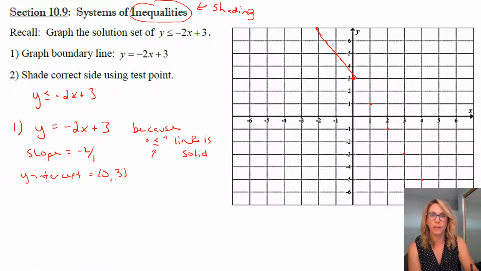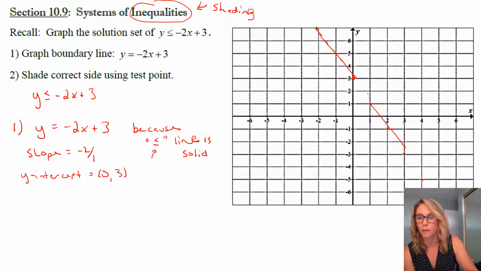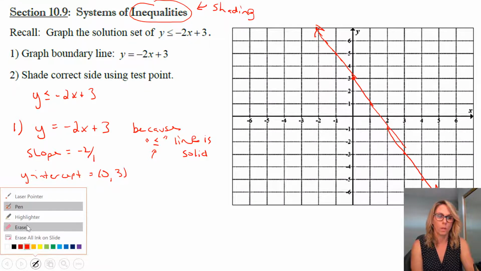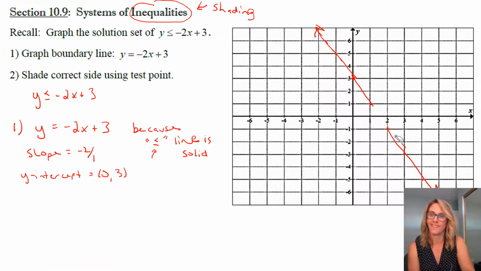Any point on this line is part of our solution. So that's why we make it solid. Okay, so we have our boundary line.